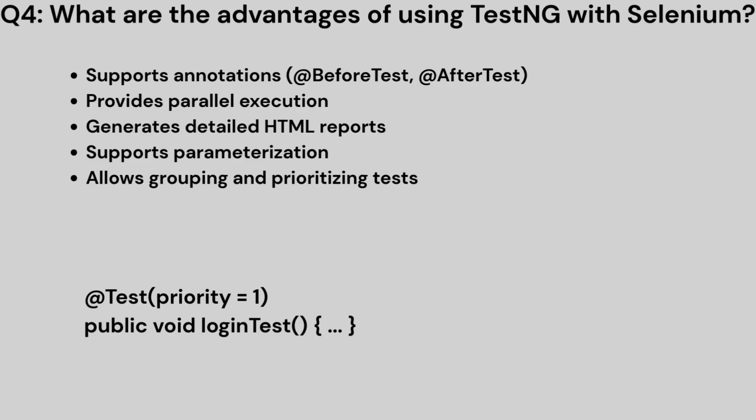Next is TestNG provides parallel execution, which is built-in support for running test cases simultaneously across multiple threads, classes, or suites. So this significantly reduces the overall execution time for large test suites.